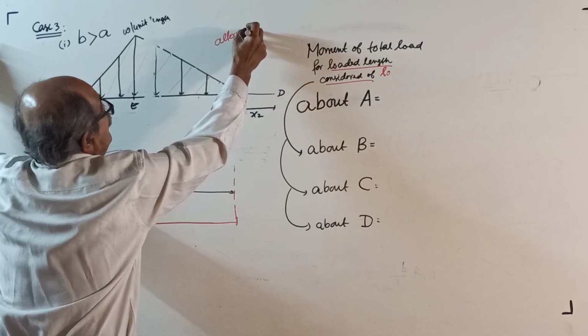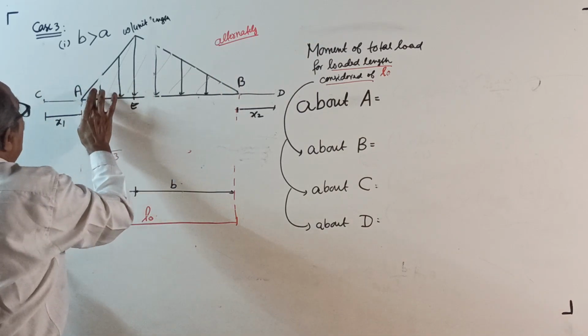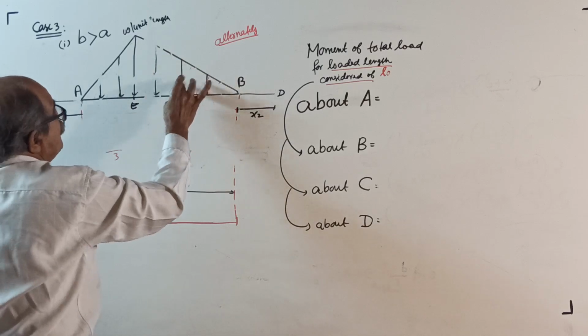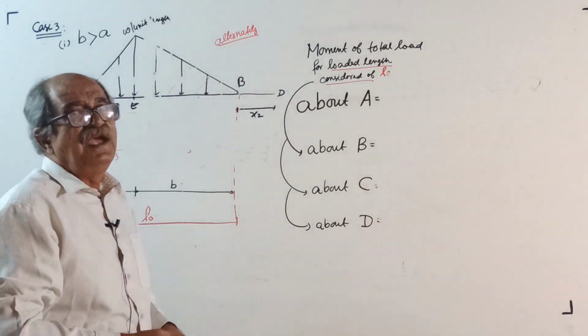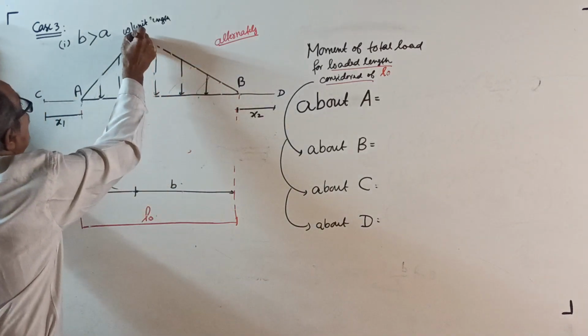Next time I won't tell, I will just write alternately. Sometimes people will have difficulty. Some people will say, sir, L naught plus A by 3 is confusing. Okay, then do one thing.